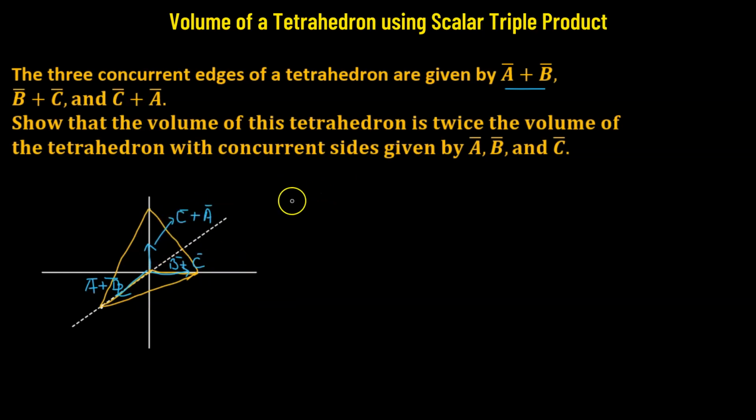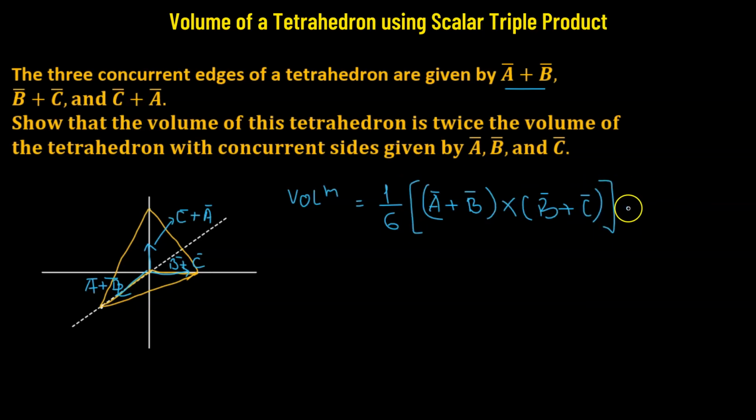Then the volume of this particular tetrahedron is going to be 1/6 of: we'll take the vector a plus b, cross it with b plus c, and then dot the result with the third edge, which is c plus a.